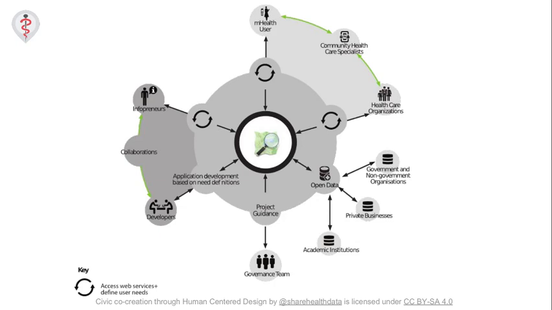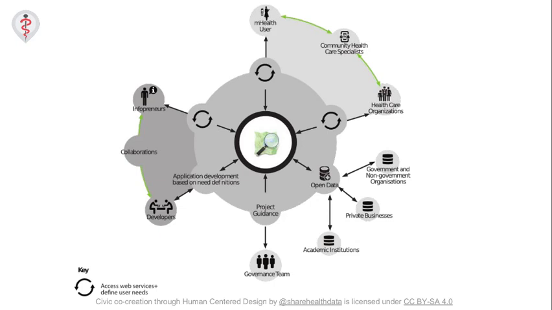At the top of the diagram we have a mobile health user. This is my primary persona. She's a mom in a favela or a township, and she needs support for her maternity care. She has contact with primary healthcare specialists and healthcare organizations who understand her context very well.